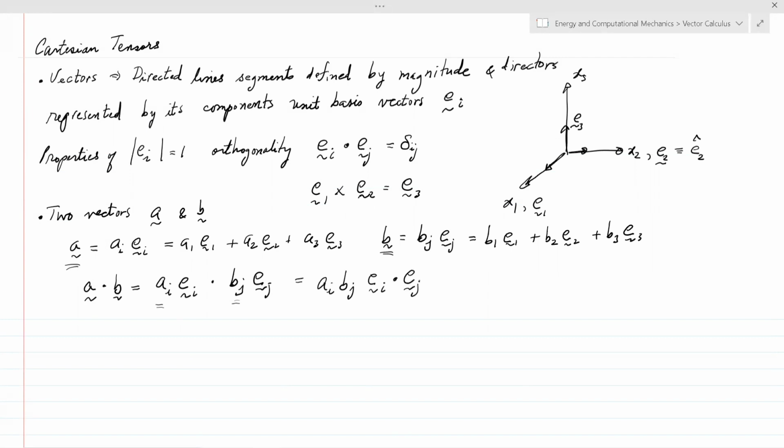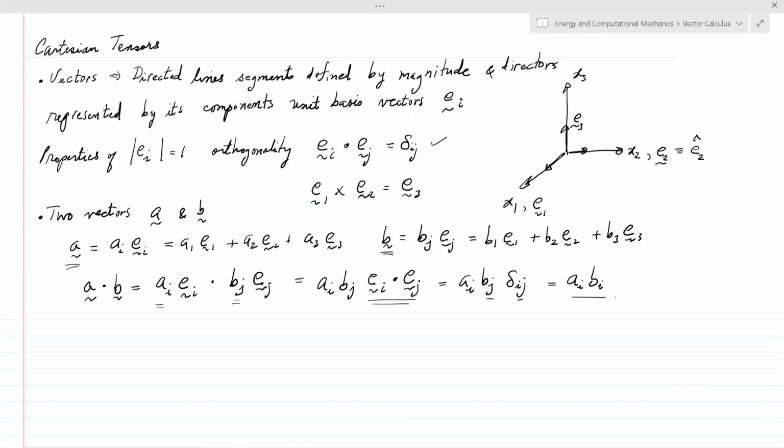Now notice that this right here is a Kronecker delta, which we saw earlier. So that will be A_i B_j delta_ij. Now you can take this j, cancel it out, and bring the i over, so you get A_i B_i. So that's how you find the dot product. And notice how the dot product of these two vectors becomes a scalar quantity.